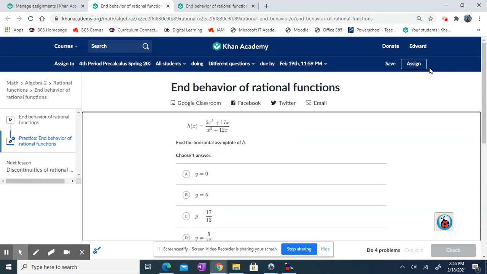All right, I'm going to write it down. H of x is 5x cubed plus 17x over x to the 5th plus 12x. All right.